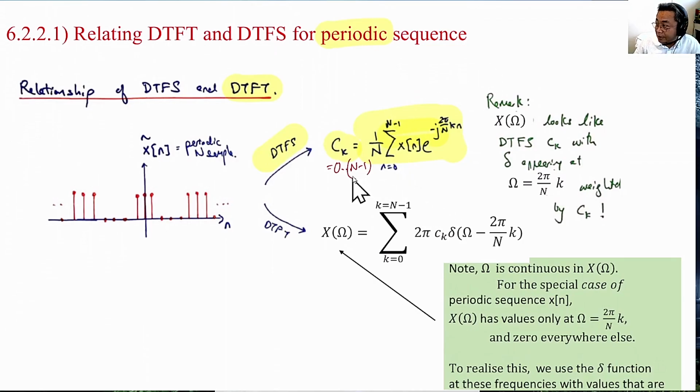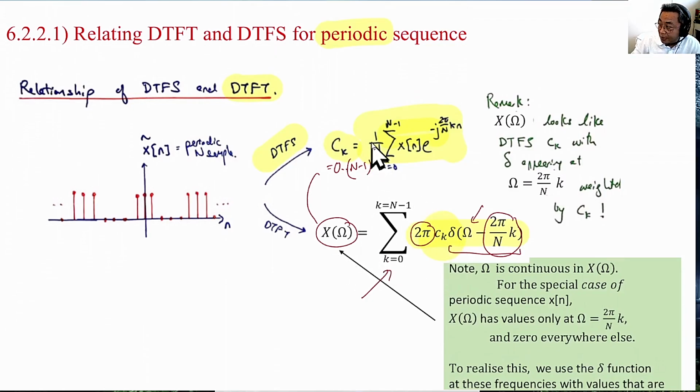How can we then take this DTFS representation and use that to represent it as DTFT? What we simply do is to apply this process. We take the Ck and put it here, and we multiply the Ck values by 2 pi, and we put delta functions at every omega equals 2 pi n over N times k for the corresponding Ck, and we do it for all the k's from 0 to N minus 1.